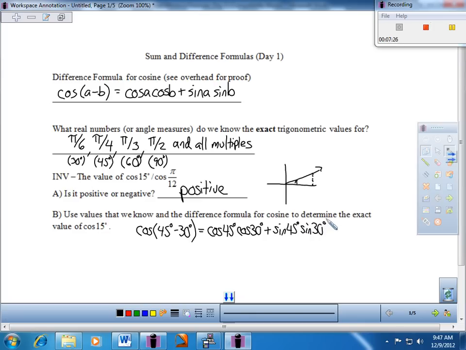That's the formula in a nutshell. So cosine, cosine, plus sine, sine. So we're using values that we know to extrapolate further into values that we don't know.